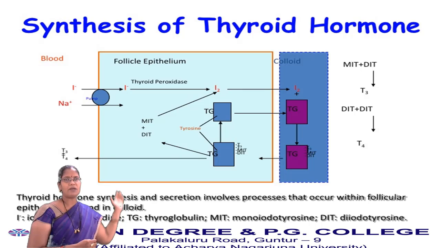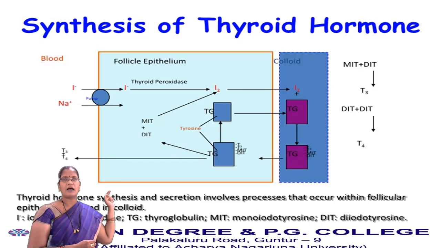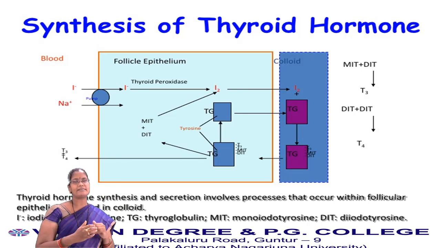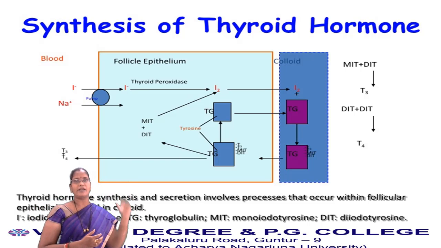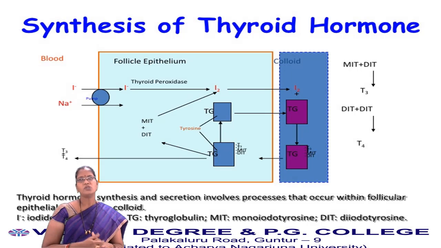That means it will be oxidized to iodine in the presence of the enzyme thyroid peroxidase. The oxidized iodine will enter into the colloid, the inner part of the follicle. Then the organified iodine will couple with the tyrosine residues present on the thyroglobulin protein.